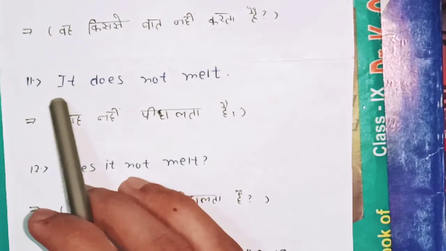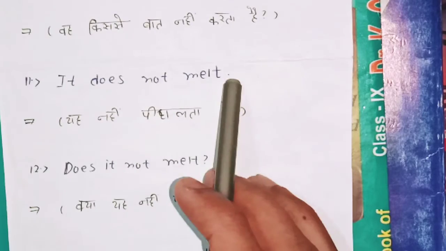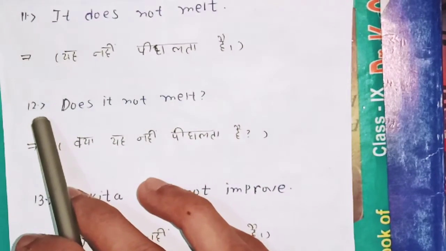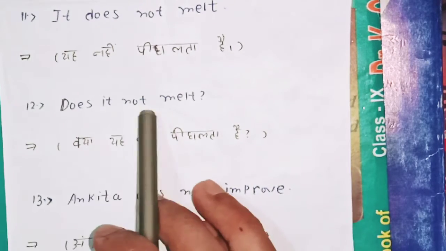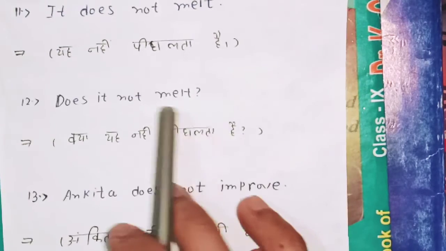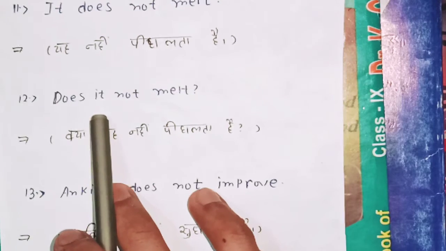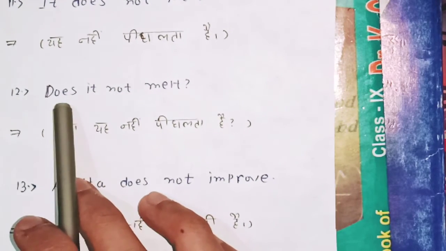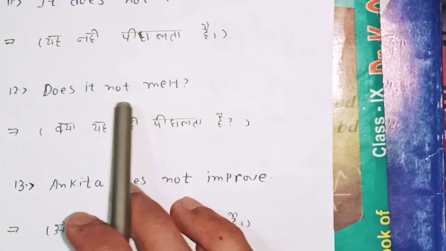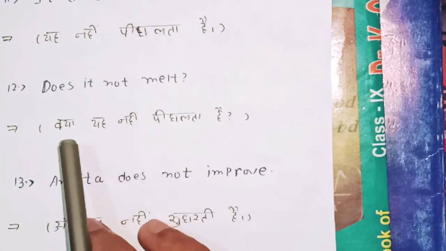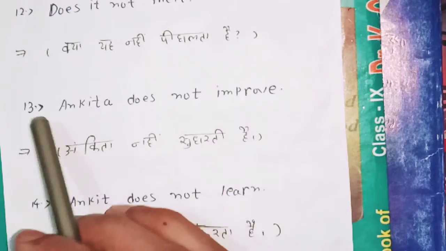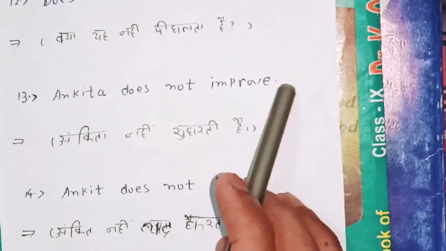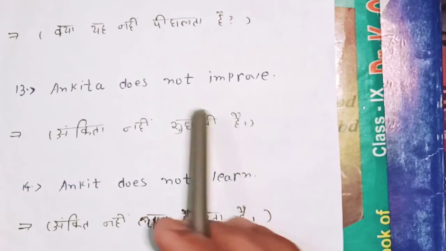Now the eleventh sentence: It does not melt, यह नहीं पिघलता है. The twelfth sentence: Does it not melt, क्या यह नहीं पिघलता है. This is an interrogative sentence, not one with a WH word; it is a normal interrogative sentence. Now the thirteenth sentence: Ankita does not improve, अंकिता नहीं सुधरती है.